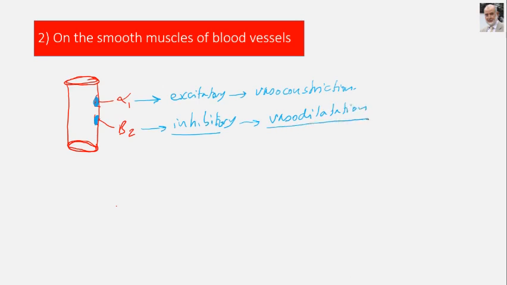So alpha-1 is always excitatory, which leads to vasoconstriction, while beta-2 is always inhibitory, which leads to vasodilatation.